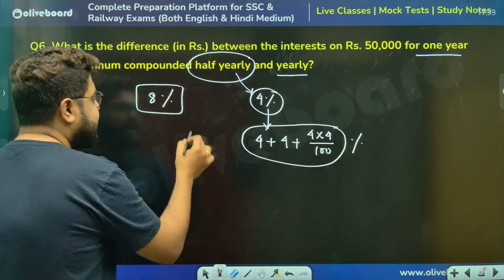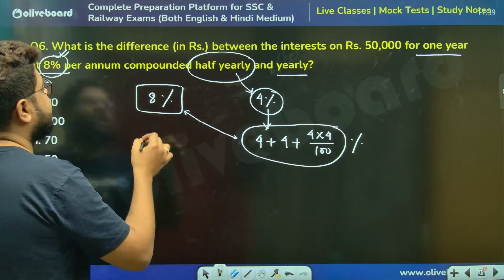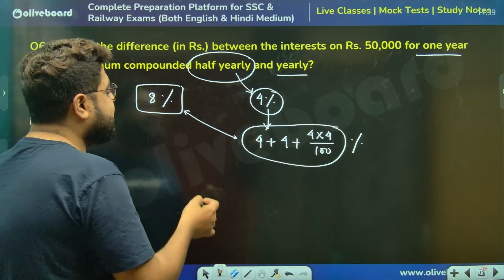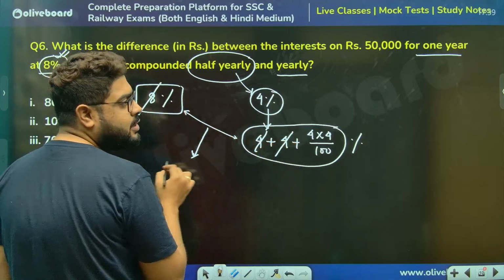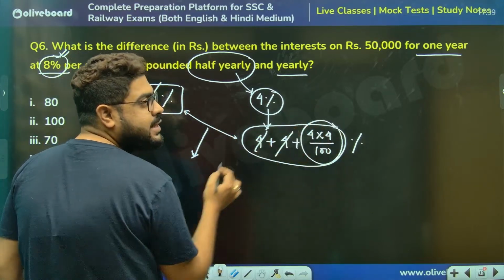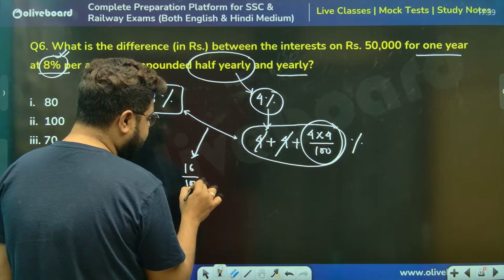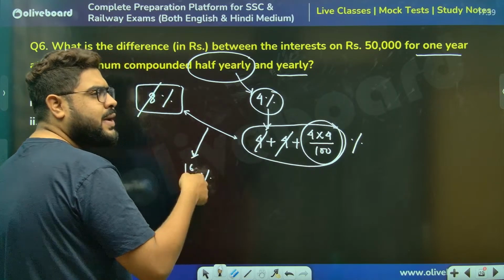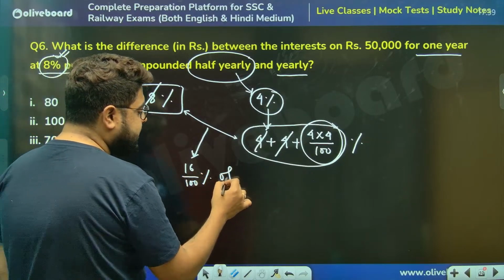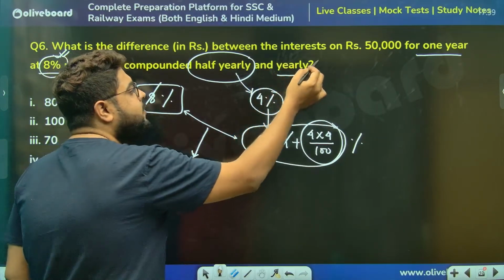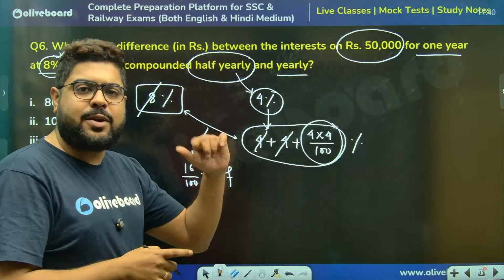They are asking for the difference between these two. So the difference in percentage will be what, sir? 8% minus 8% gone. So ultimately the percentage difference is 16 by 100, meaning 0.16%. This percentage difference is of always your principal, because interest always gets calculated on principal.